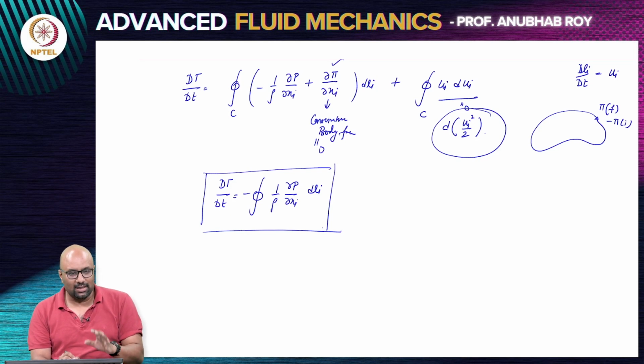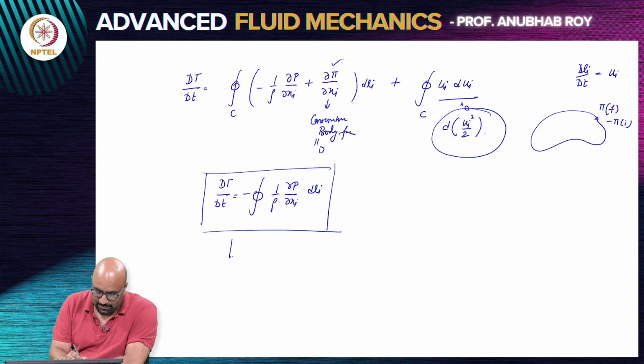Now, up until this particular point, I did not say anything regarding the evolution of density. There was no comment being made regarding how density is actually evolving. It can be a constant density.